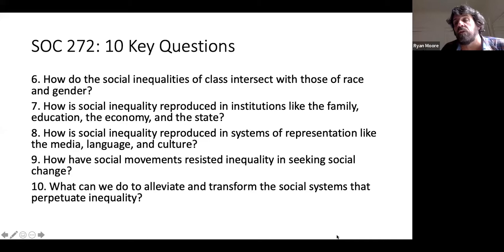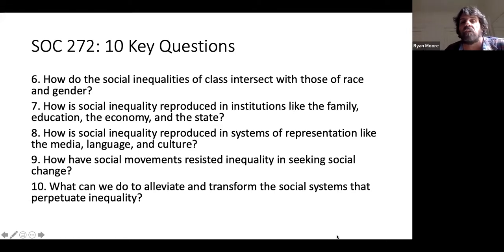These are systems of representation that have contributed to blaming the victim and stereotyping people into a view of the world that basically says that those who are on top deserve to be there, and those who are not on top similarly deserve to be where they are.